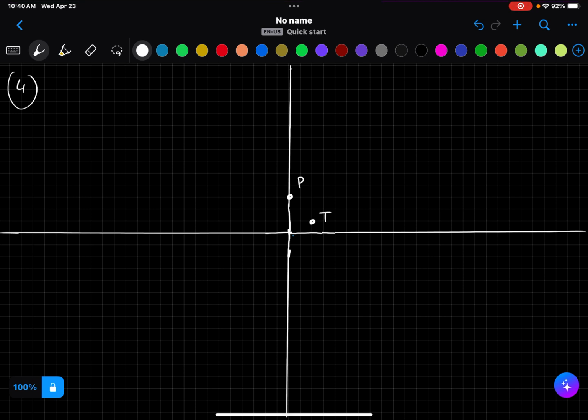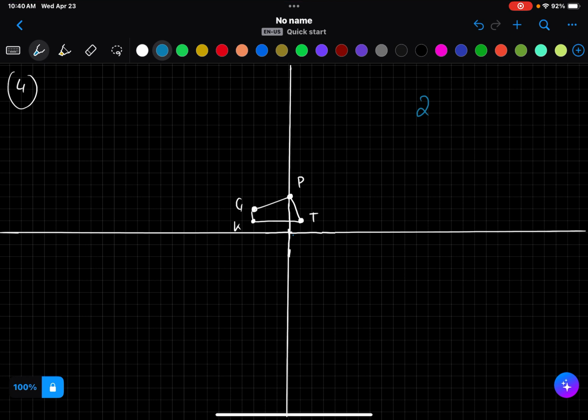Then you have point G here, and then point K right below it. Let's make the object. Ooh, I think I got point T incorrectly. It's too far away. Point T is actually right here. Okay, so this is the object that you have, and we're asked to move it 2 right, 3 down.